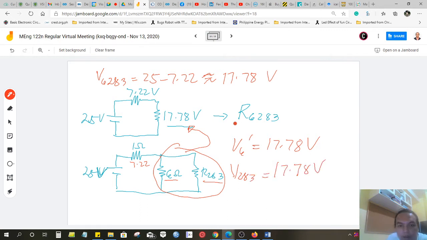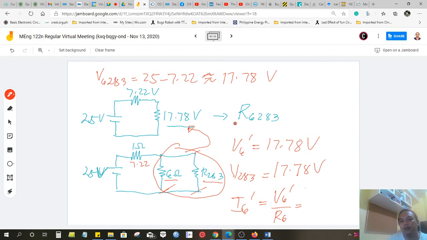Because this is a parallel circuit. Parallel branch man na sila, so equal ang ilang voltage. Now, since they are equal, we can get the value now of our I6 prime. What is I6 prime? V6 prime over R6.